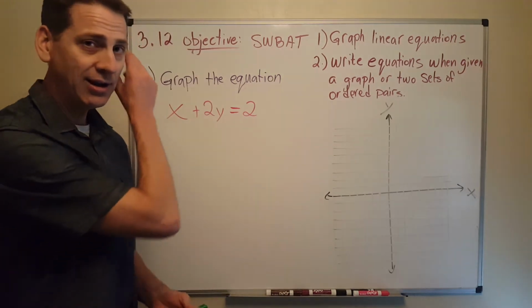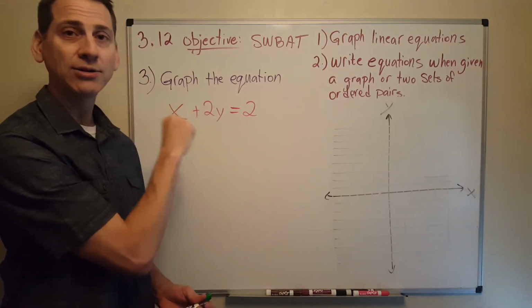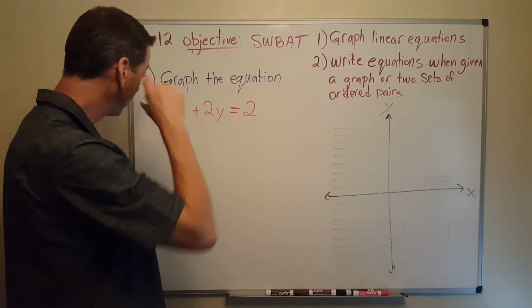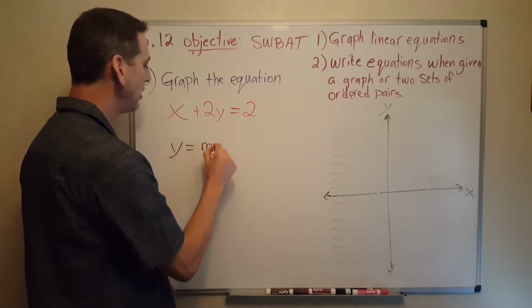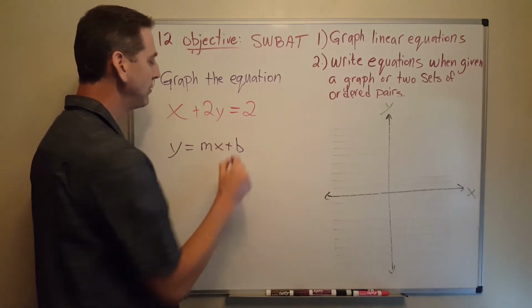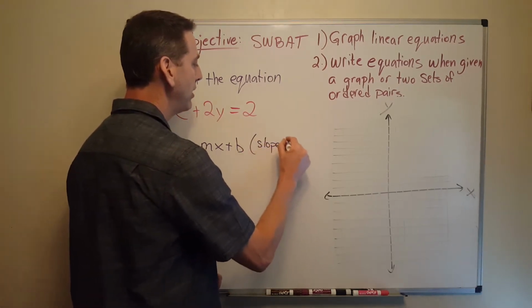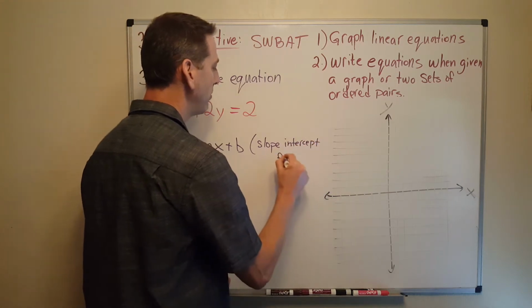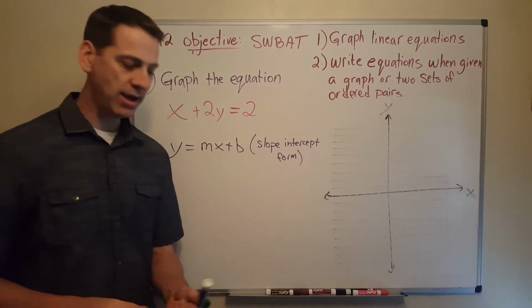Well, the first thing you need to understand is you need to get this in slope-intercept form. Okay, what's that? Well, slope-intercept form is y equals mx plus b. Why is it called that?